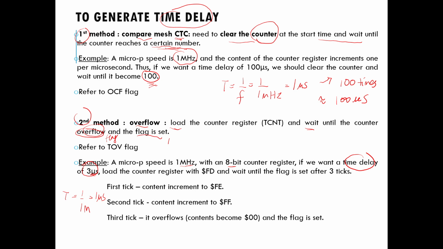In order for you to have a time delay of 3 microseconds, the microprocessor must count or tick by 3. Why by 3? Because you want 3 microseconds, and the time produced by your microprocessor speed is 1 microsecond. So you need the count to increase by 3 times, so that from 1 microsecond you get the time delay of 3 microseconds.